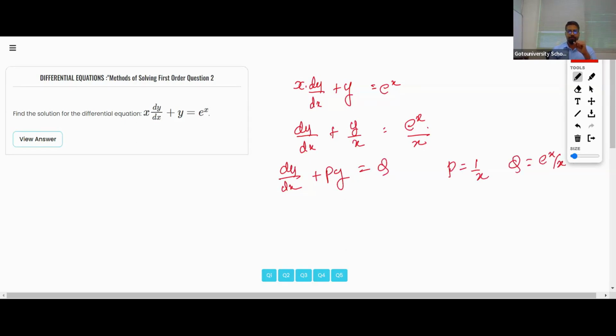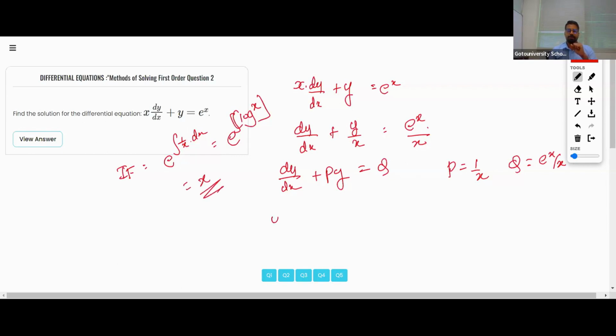So our integrating factor is e power integral of p, which is 1 by x dx, so e power log x, which will become x. Yes or no?